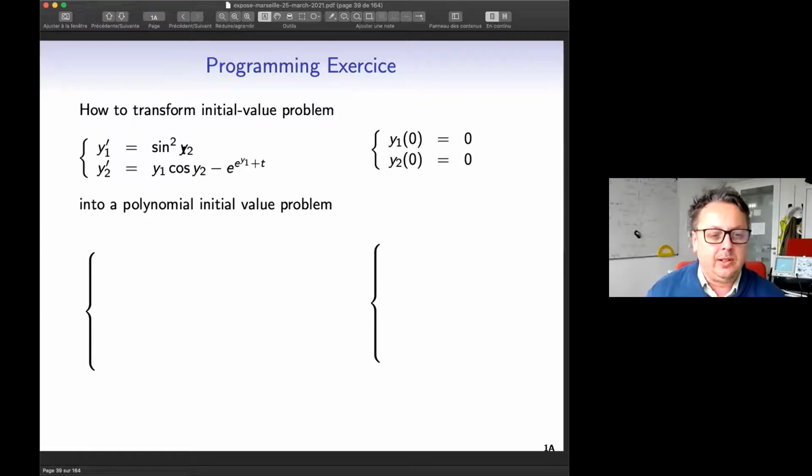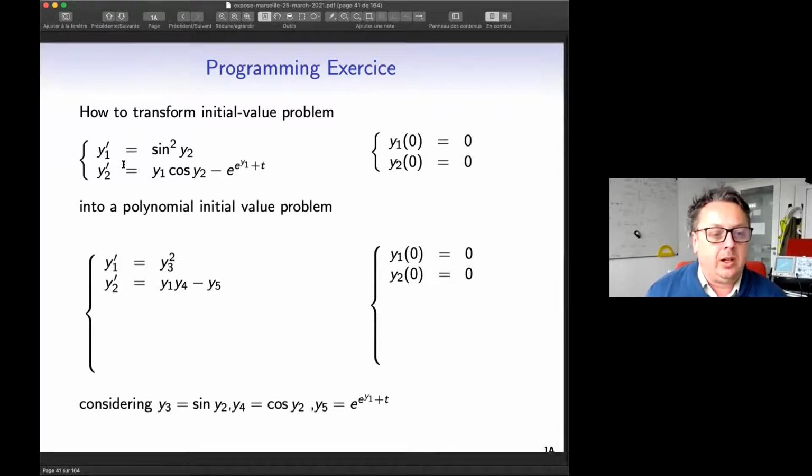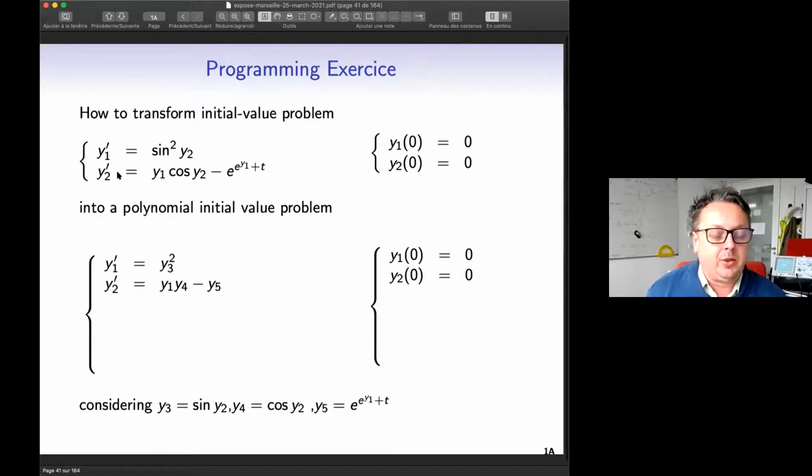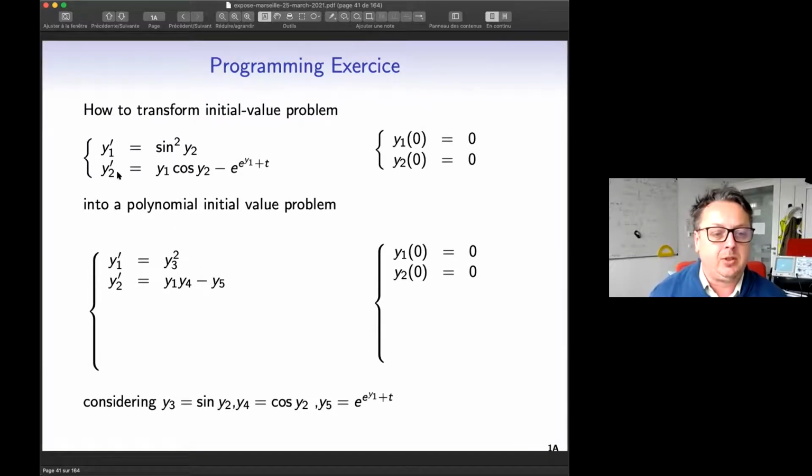So you introduce some variable y3 to be sinus of y2 and just say that the derivative of the first component is the square of the third. Now, you know that the derivative of the second is y1 times cosinus of y2. So you need something for cosinus of y2. Let's call it y4. And minus this awful term.